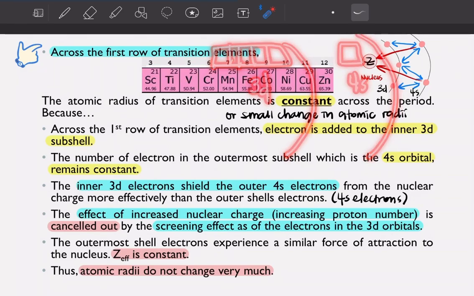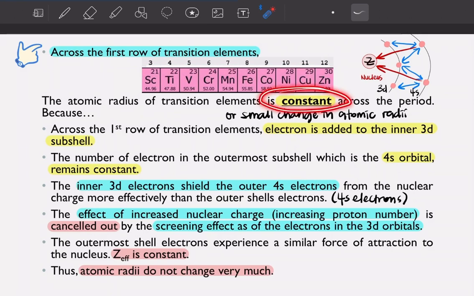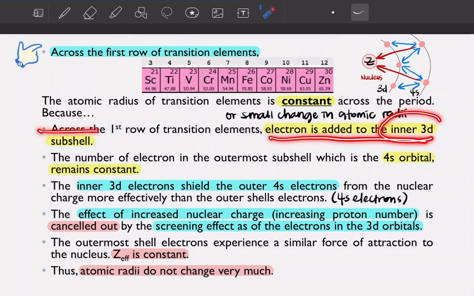Okay, so across the first row of transition elements, the atomic radius of transition elements is constant. Maksudnya, there is only a small change in atomic radii across your D block elements. Okay, why is that so? Because across the first row, electron is added to the inner 3d subshell.